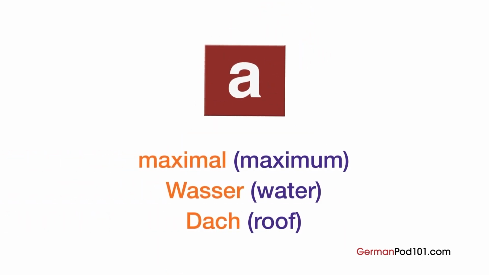The first vowel is A, as in maximal, Wasser, Dach. It's very similar to the A sound in the word pat, though not as whiny. Try moving your tongue further back into the mouth so that it assumes a more centralized position. It should sound a little deeper as a result, and instead of a whiny sound, it now has a darker quality to it.